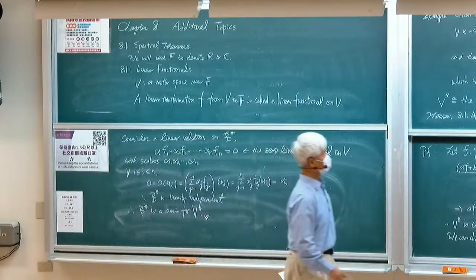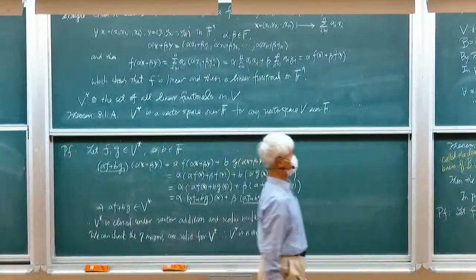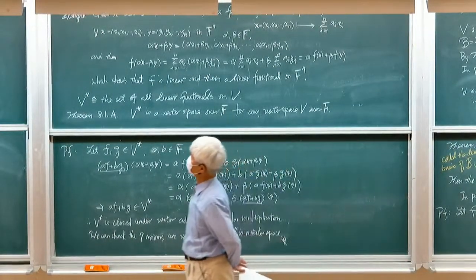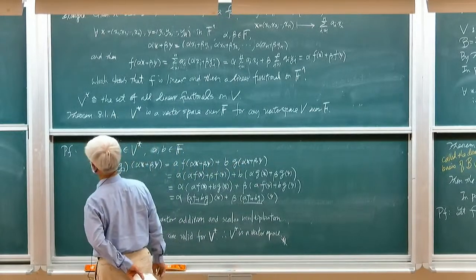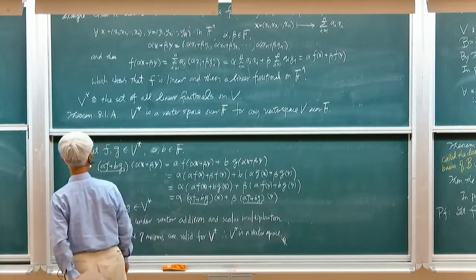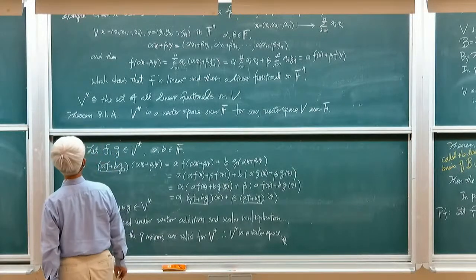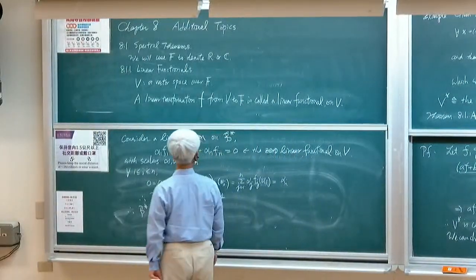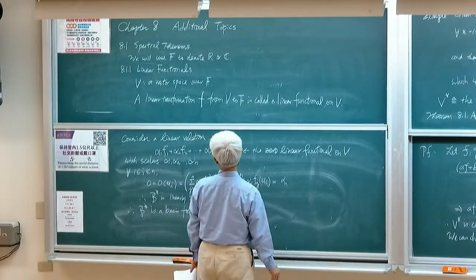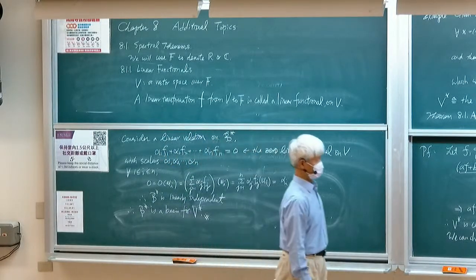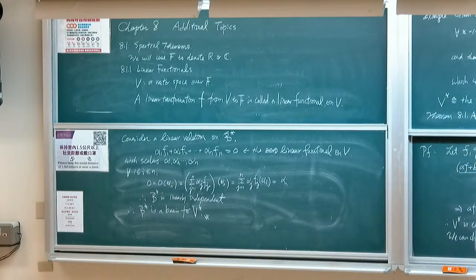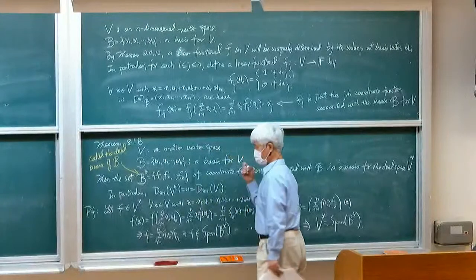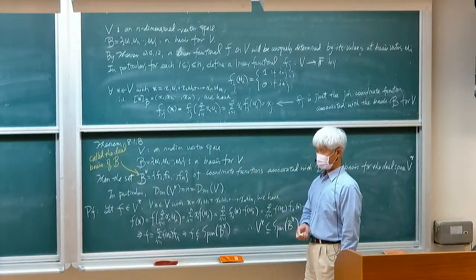Okay? So now let's see what we get up to now. So we have dual space. For every vector space, we have a dual space V star.